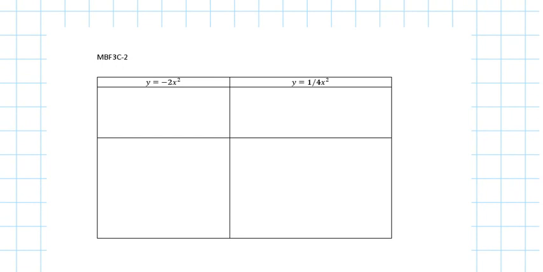The first one is y equals -2x squared. So what kind of transformation do you have? What does the negative do to your graph? We call that a reflection. So first I have a reflection.